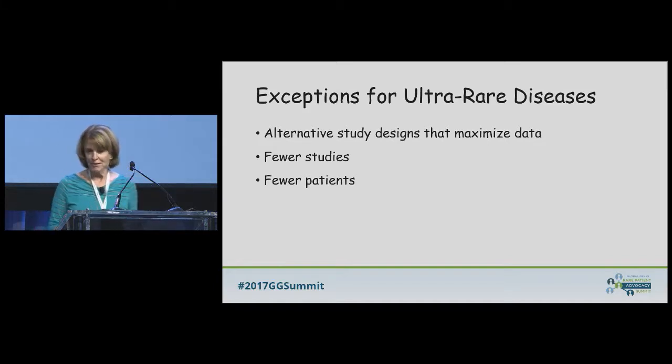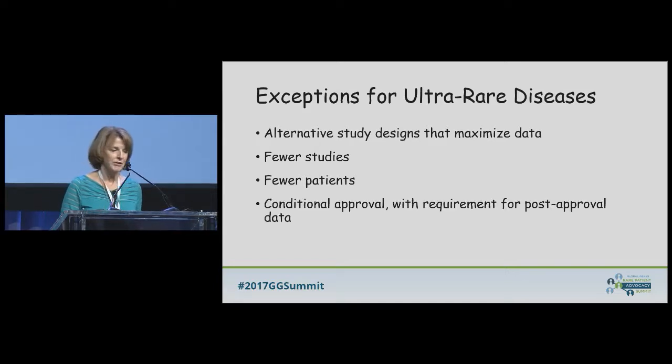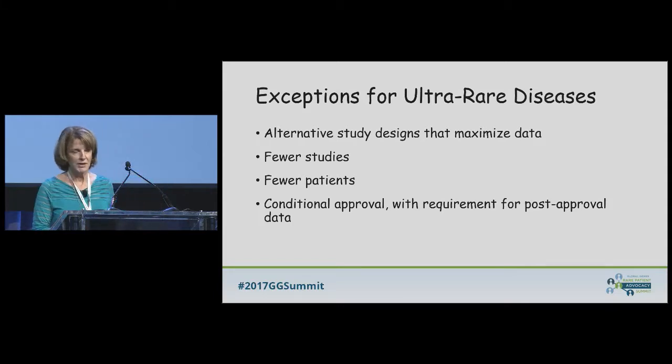And the greater the treatment effect you expect to see, the fewer number of patients are typically required. And then sometimes the FDA will provide conditional approval on some small studies, and then they will require that you provide some post-approval data. So continue to do some studies once the drug is approved.